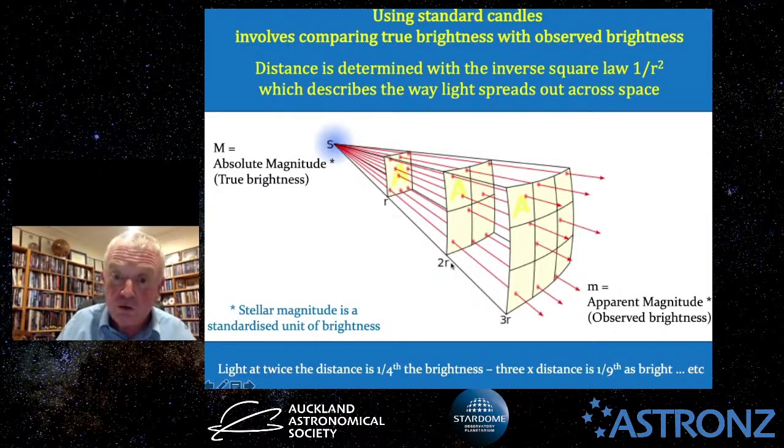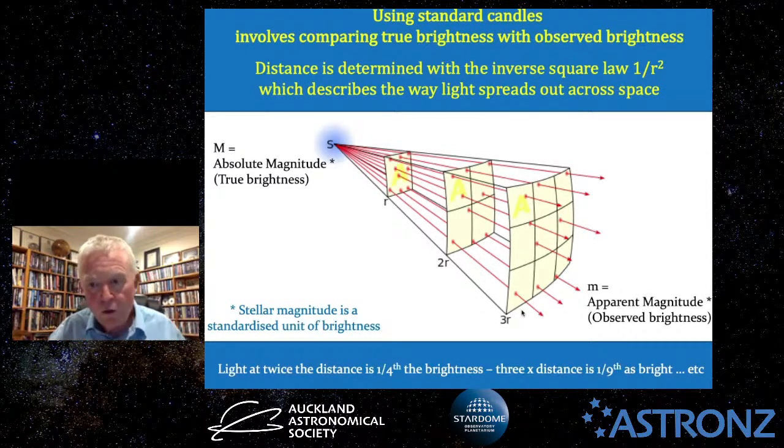If you're 3 times that distance away, the light by the time it gets to you has had to spread itself out over 9 times the area, which means it's going to be 9 times as dim. So you can see where the distance comes in: the figure 4 from 1 over 2 to the power of 2, and the figure 9 from 1 over 3 to the power of 2. They call it the inverse square law, and a lot of things in astronomy use that to measure how things get dimmer, or weaker and weaker signals as you go out in distance.